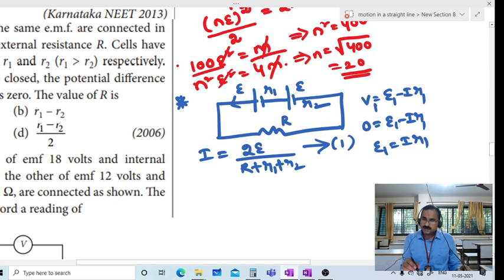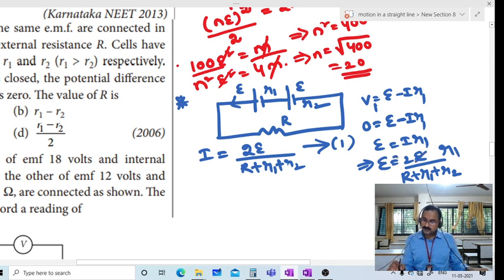E1 is nothing but the first cell's EMF, which is E only. Follow the symbols correctly; first cell and second cell are both the same. So E equals 2E divided by R plus R1 plus R2, into R1.